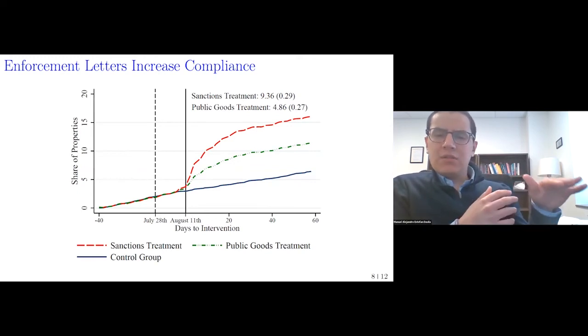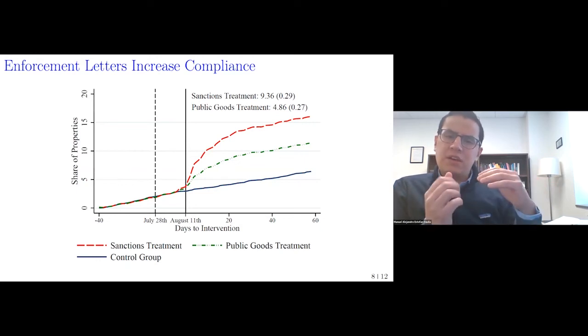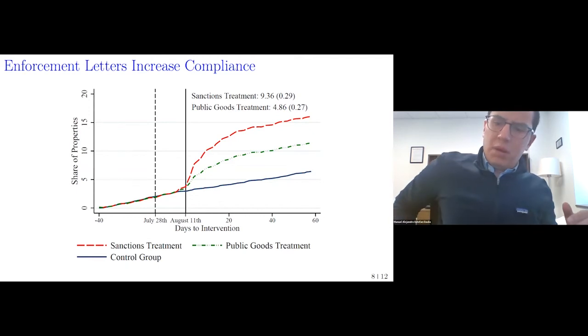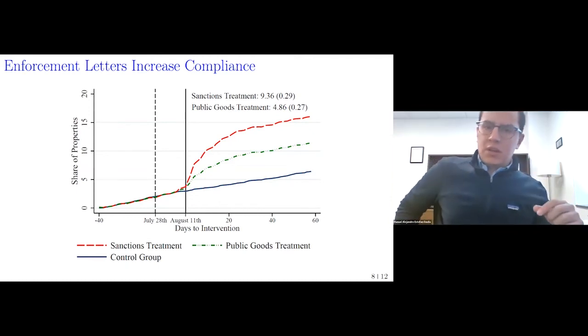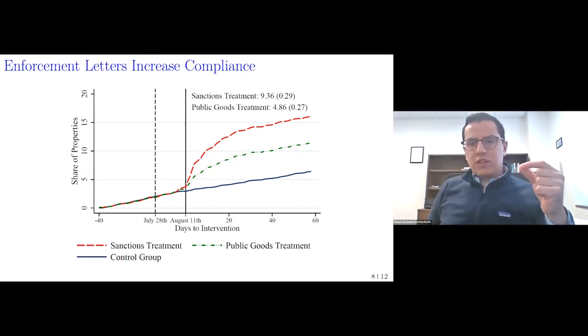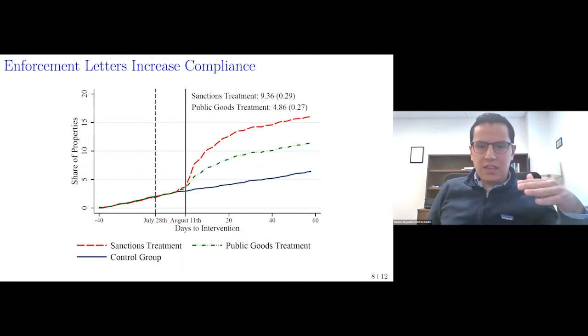On the other hand, the dotted green line represents the payment behavior of individuals in the public goods treatment. Remember, these are individuals that receive the letter highlighting the public goods that they may access if they pay their taxes. As we can see, this letter was also effective in raising taxpayer payment.